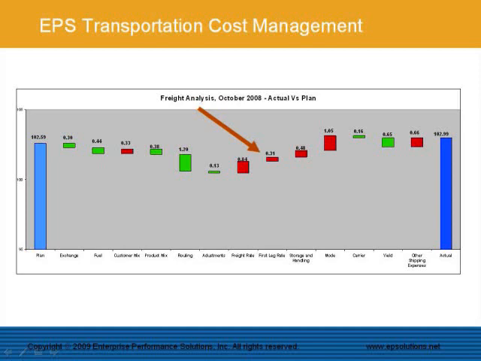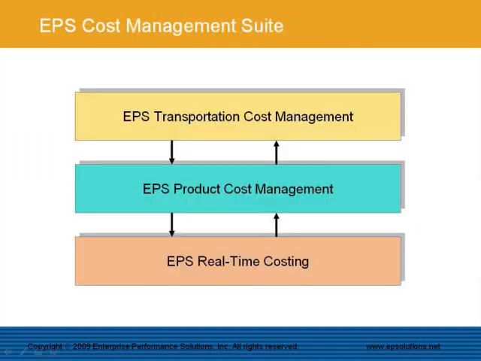In this example, there are actionable savings opportunities of $3.60 per ton, which would have reduced the actual transportation cost to $99.32 per ton. This was a short introduction to the 3 modules in the EPS Cost Management Suite.